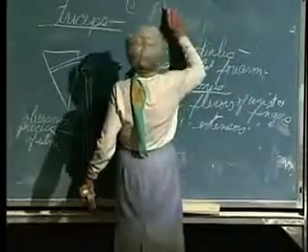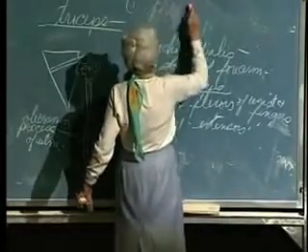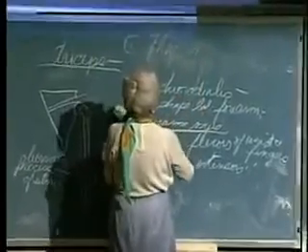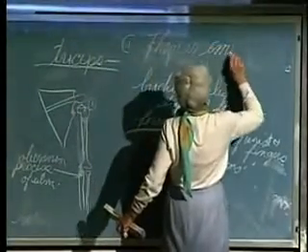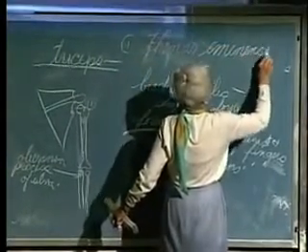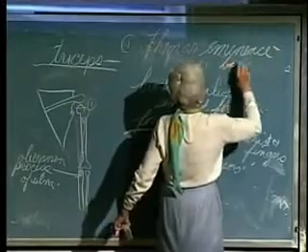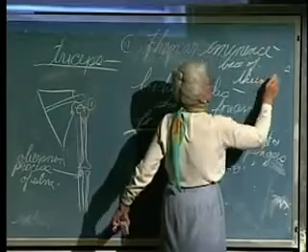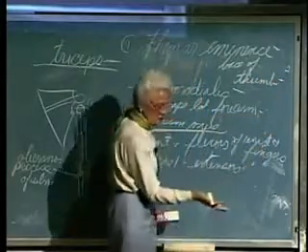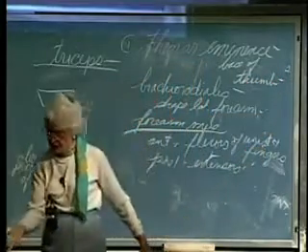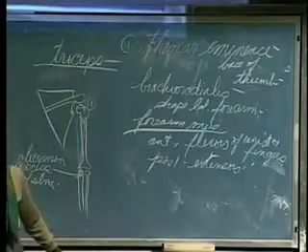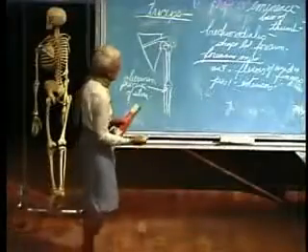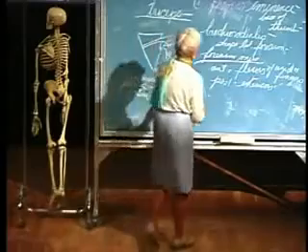Thenar eminence, base of thumb. Just one big muscle. Base of thumb. Because you may be curious, you look at your hand and see only at the thumb do you have a great big mass like that. So the function of the thumb itself is a lecture.